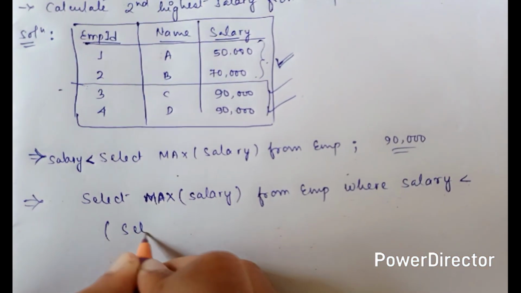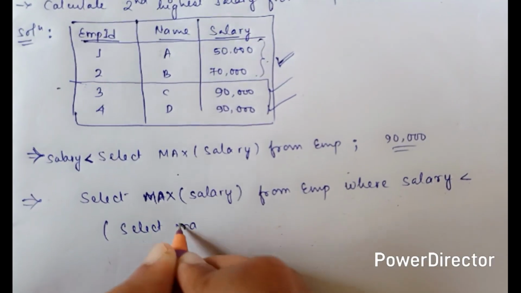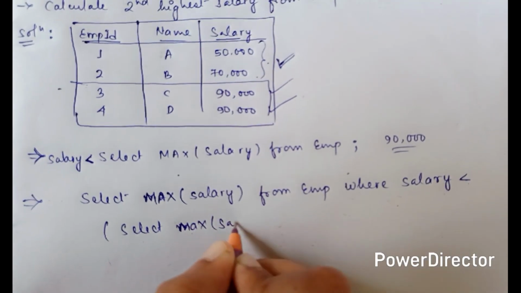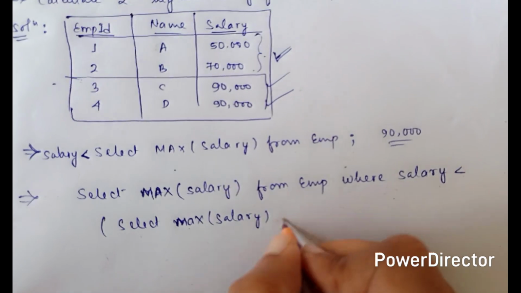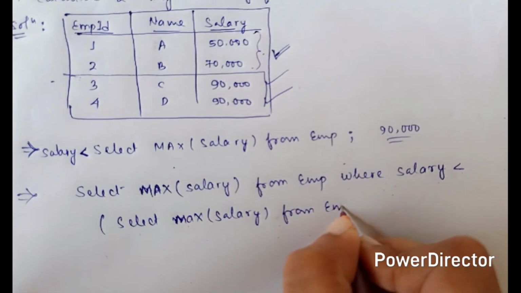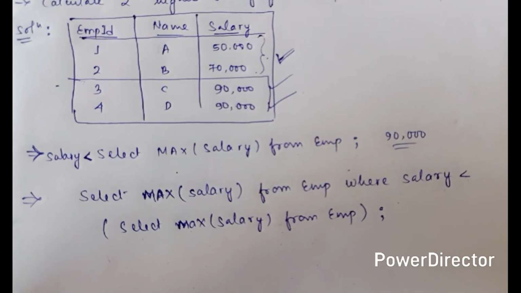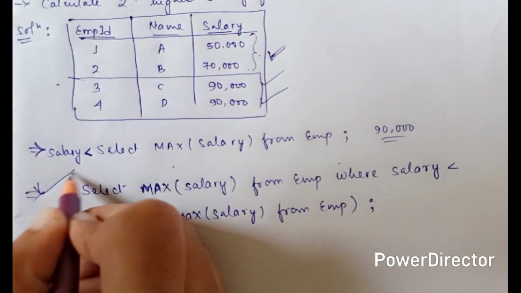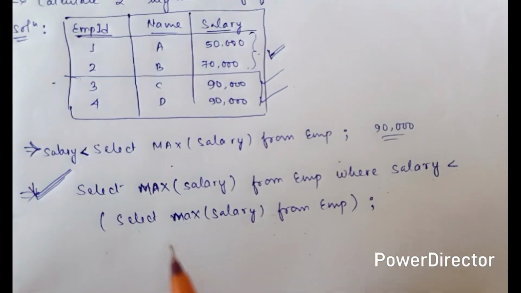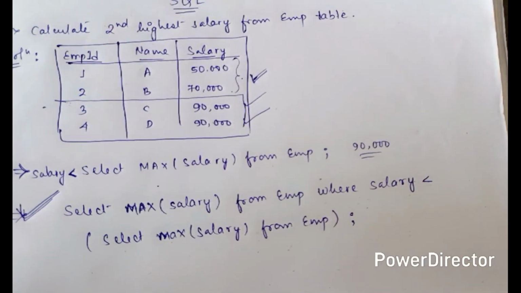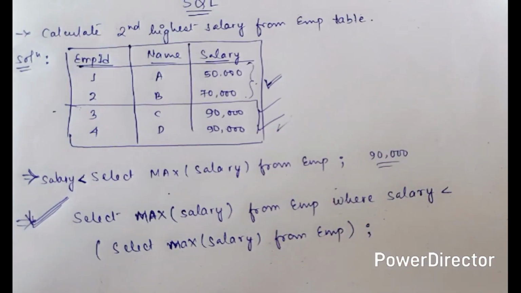That is, select max salary from employee. Okay, so basically this query is going to generate the second highest salary present in this table or any table.